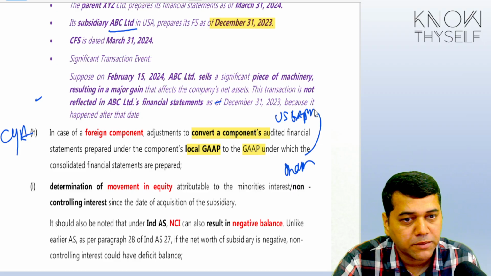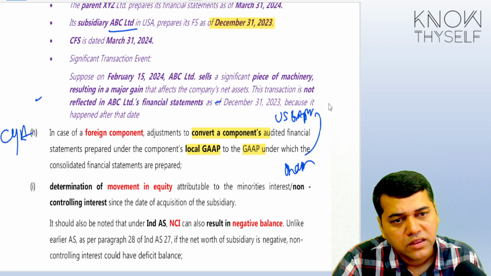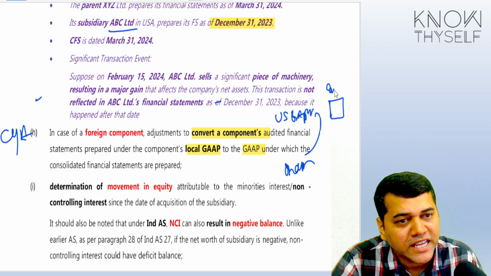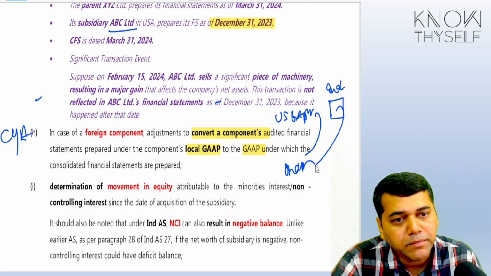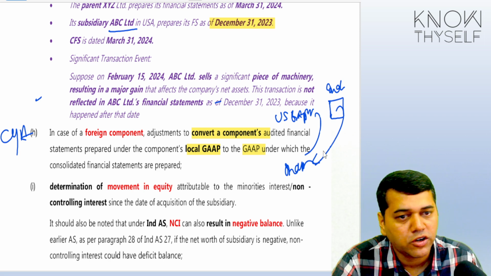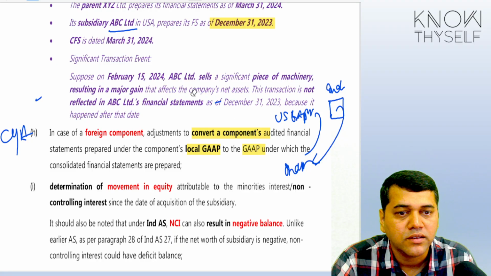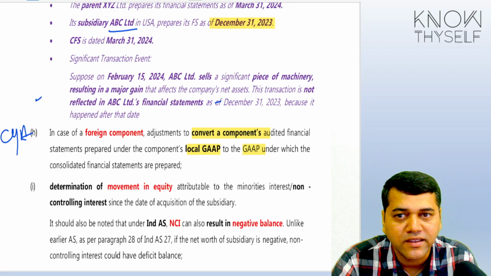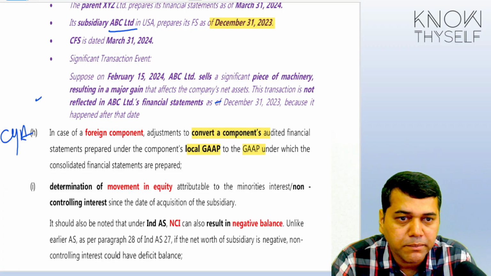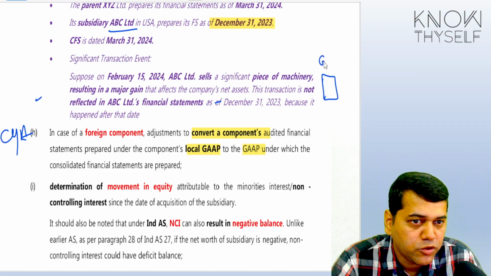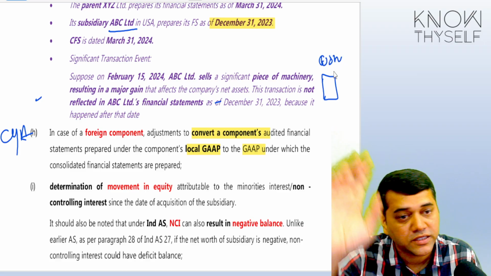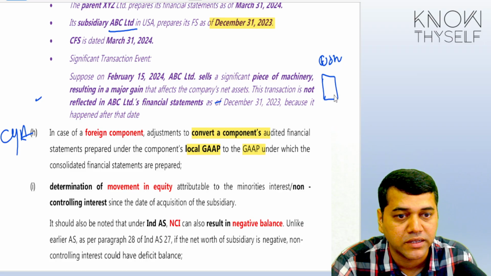There can be two types of conversion. One, they can completely prepare one Ind AS balance sheet, which is ready-made, consolidated with our CFS. Otherwise, there can be another document called GAAP adjustments. In that case, there will be one balance sheet as per US GAAP, which they have filed with their security agencies or their company's registrar.